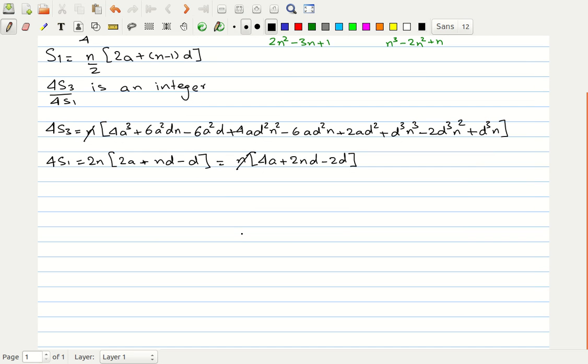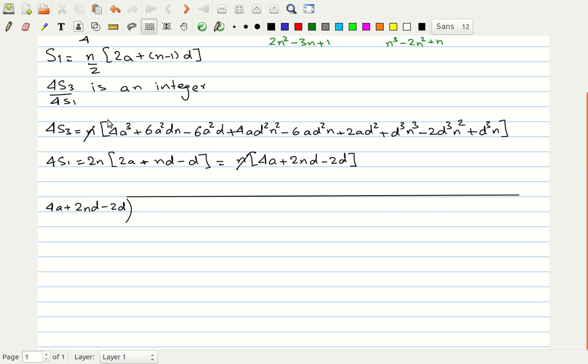We have to do the long division of, so the divisor is going to be 4a plus 2 times n d minus 2d, right? This is the divisor. The dividend is this expression over here, which, let me see if I can copy and paste.